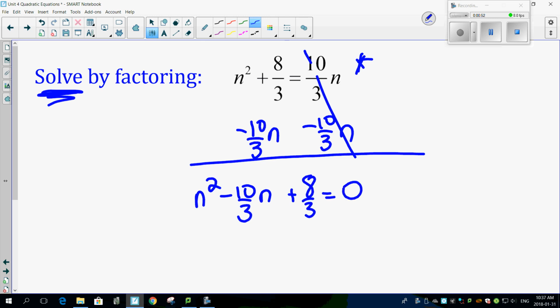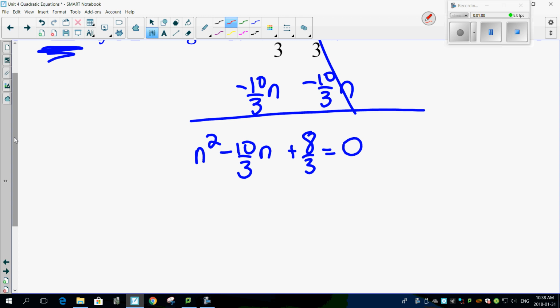Now, the cool thing is, again, let's get rid of the fractions. And the nice thing about getting rid of the fractions, you can do this by multiplying by the common denominator. The common denominator in this case is, in fact, 3. But what you do to one side, you have to do to the next, right? And the cool thing about this is you're multiplying 0 times 3, which still leaves you with 0.